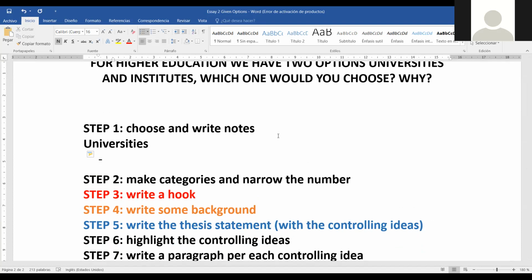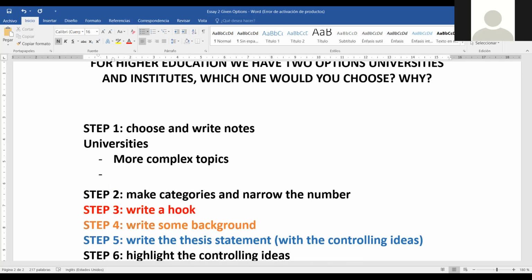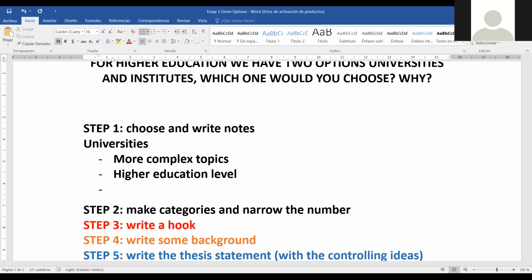Maybe because in universities the level of education is just higher, and they teach you more complex things. Yeah, more complex topics. The first thing you said, the level of education is higher. Higher education level. That's good. I think they teach you more complex topics. That's good. I think it's also the time.